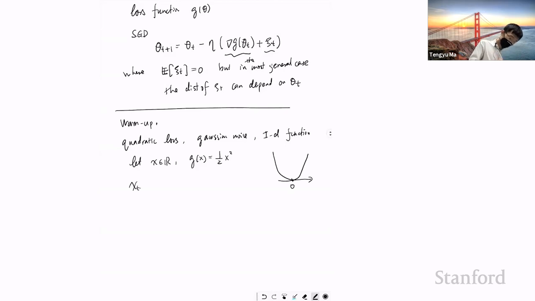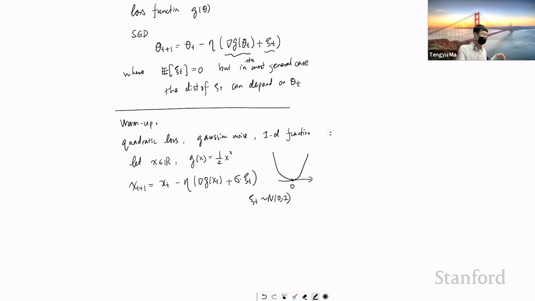So x t plus 1 is equal to x t minus eta times the gradient g of x t plus some noise. Let's say the noise has some scale sigma and multiplies xi t, and xi t doesn't have a scale, so it has mean 0 and standard deviation 1.